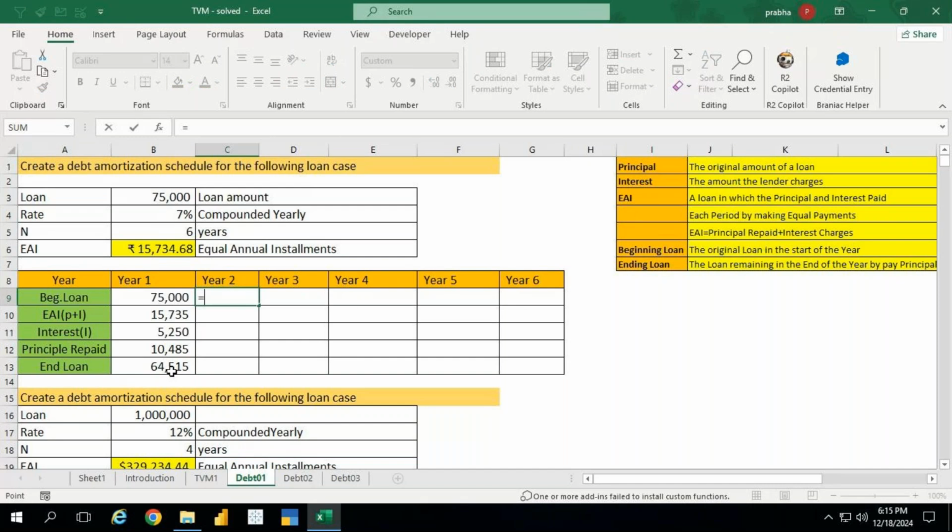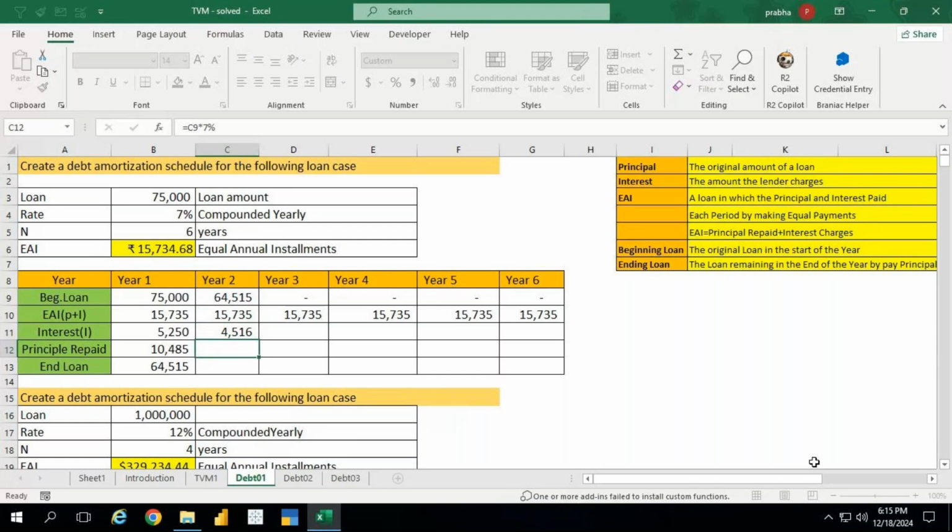I am not going to apply it again and again, so here I will apply the fill handle. The EAI is going to remain the same for all 6 years, so I put equals, take the previous year value and apply the fill handle. Then the interest amount equals the beginning loan amount into 7%.